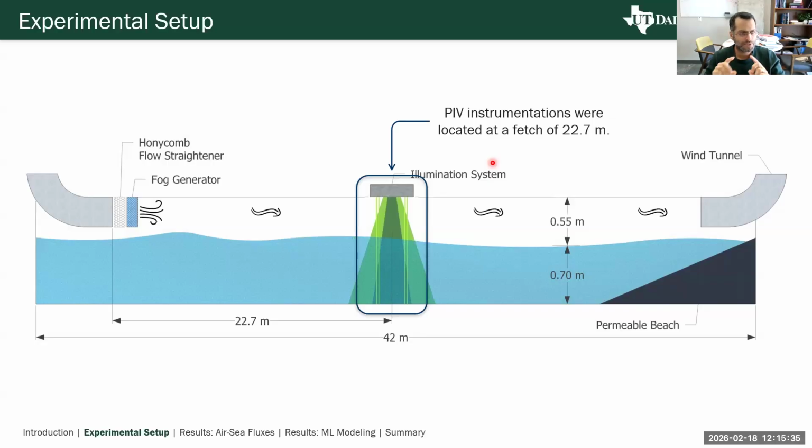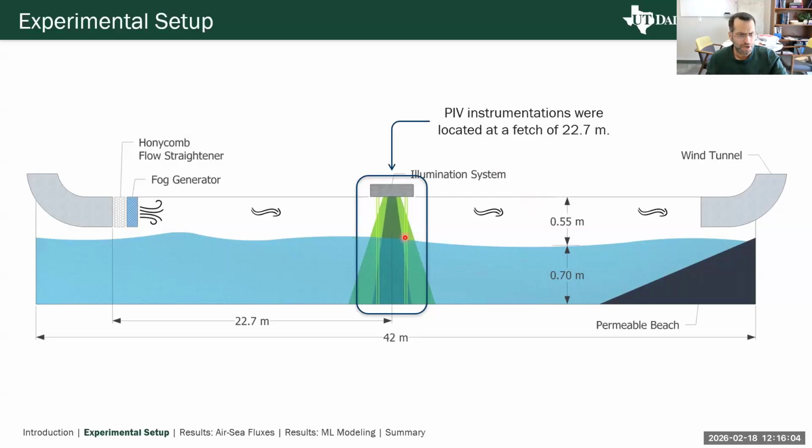We know the time difference between the two snapshots, and from one image to another we can see how much the particles have moved from one location to another. By knowing their displacement and the time difference between the two frames, we can calculate the velocity. Once we have the velocity, we can technically measure different parameters inside the wave boundary layer.